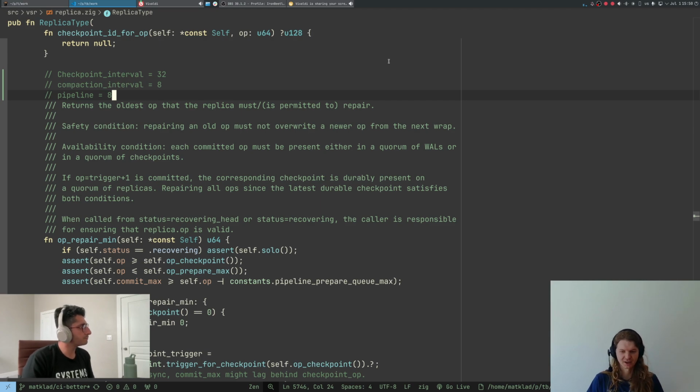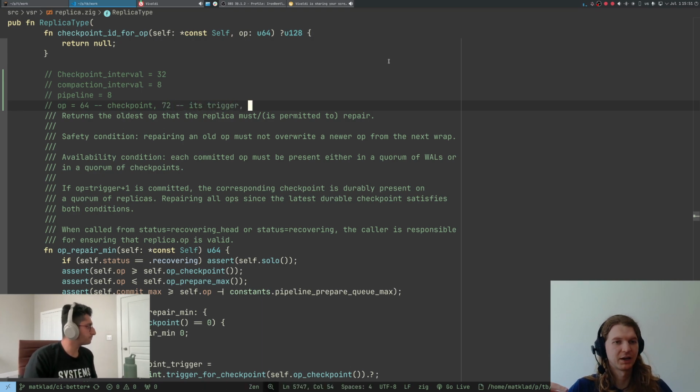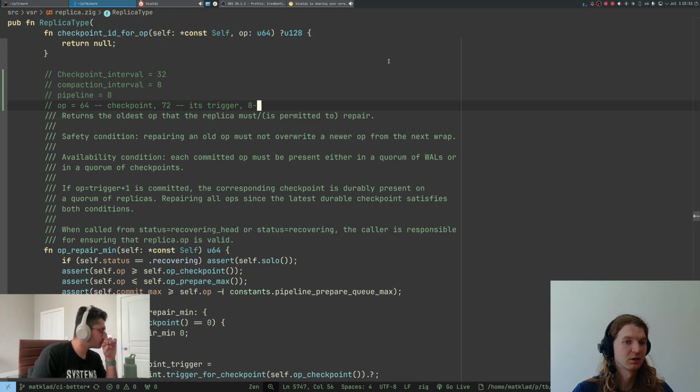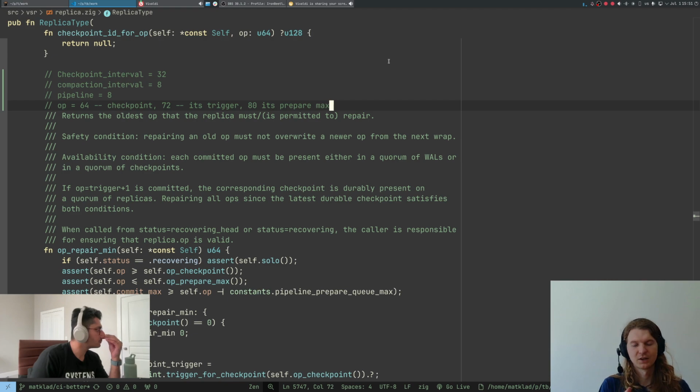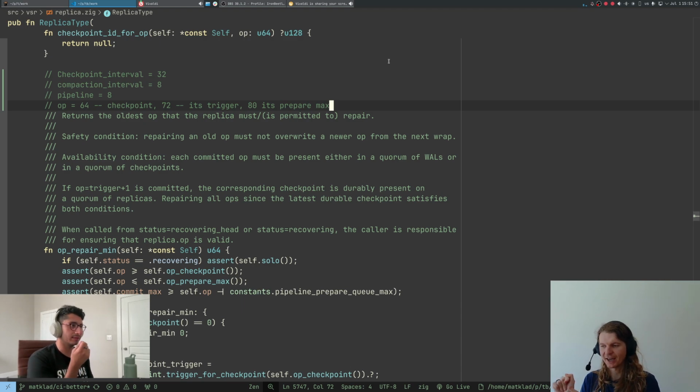Then let's say that op 64 is a checkpoint, then 64 + 8, which is 72, is the trigger, and then 8 more, which is 80, is prepare max. So every replica which is on checkpoint 64 can prepare up to and including 80.